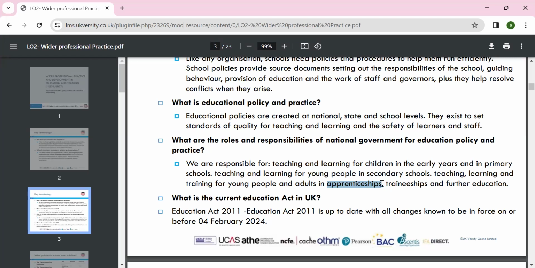Then traineeships and further education. What is the current Education Act, which is 2011? A lot of sections of it carry on changing, so we will carry on exploring this in more detail.